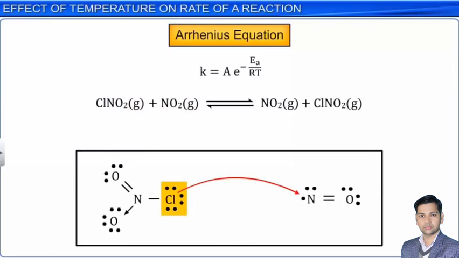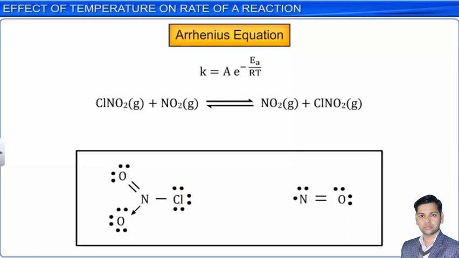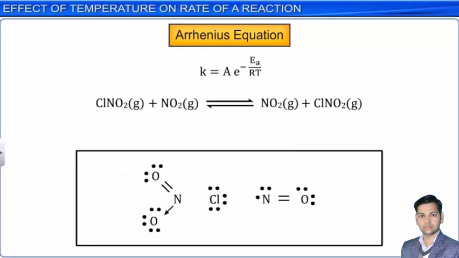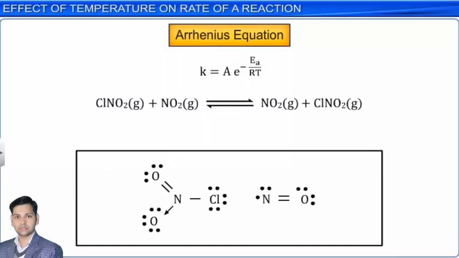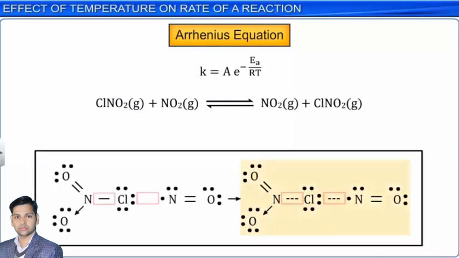According to the collision theory, in order for the reaction to occur, the nitrogen atom in NO must collide with the chlorine atom in ClNO2 with sufficient energy and the correct orientation. Before chlorine nitrite and nitric oxide are converted into products, during which existing bonds break and new bonds are formed, they go through a highly unstable intermediate or transition state.